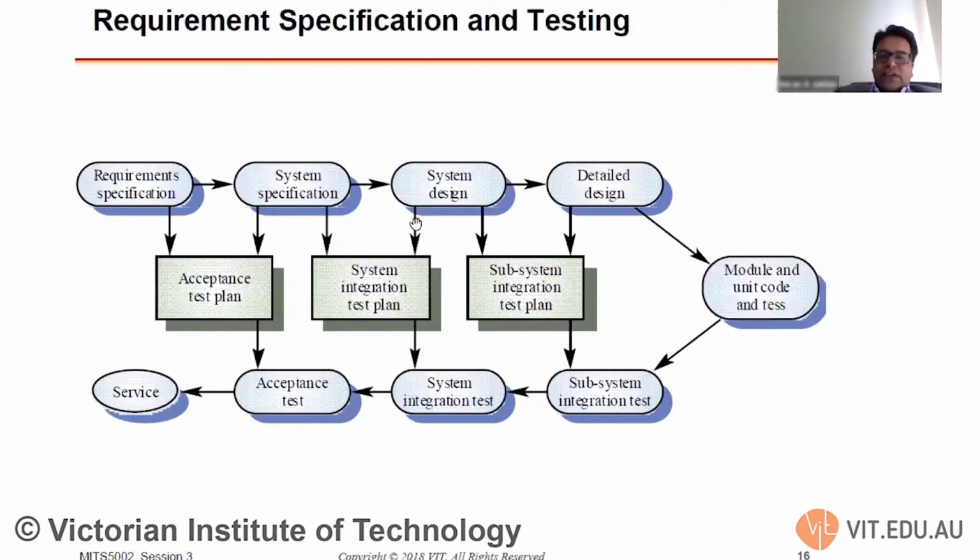Now in the requirement specification, we also have to have the acceptance test, for example, system integration or subsystem integration test. We are not discussing testing in more detail, as we have an advanced unit for that which we'll do later. But here in the requirement specification document, we really have to create the further sub processes, where initially we conduct the acceptance test.